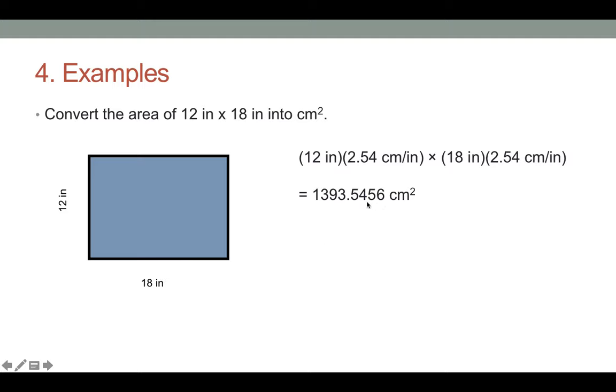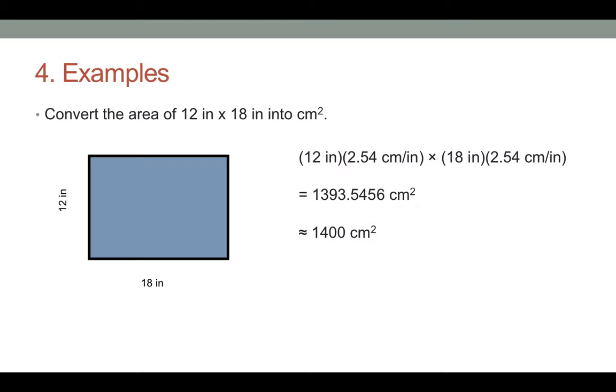We cannot say that we know the area down to the tiny fraction of a square centimeter. Instead, we really only know it to 2 sig figs, so we should cite that as approximately 1,400 square centimeters. I would say it would be okay to keep the third digit there and say 1,390. That would be okay. But if you went all the way out to the fourth digit, the answer would be no. That's wrong.